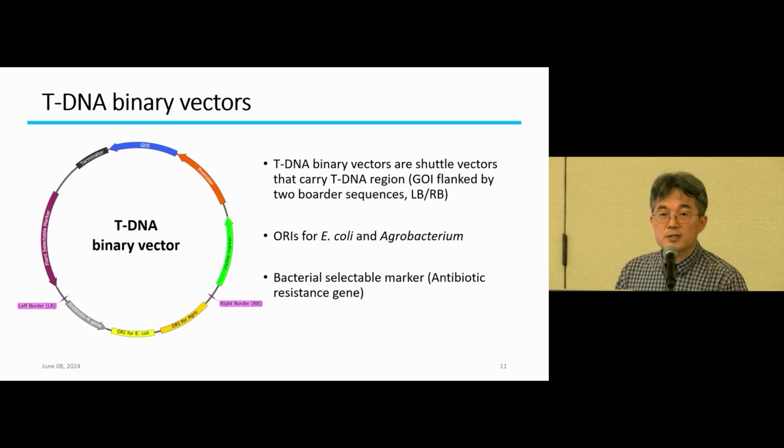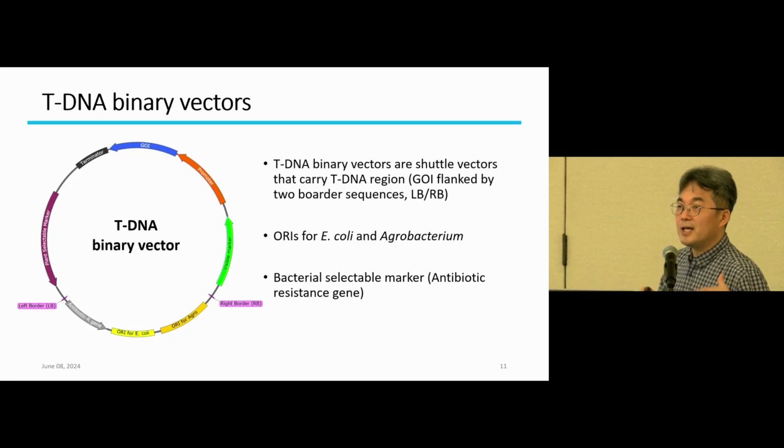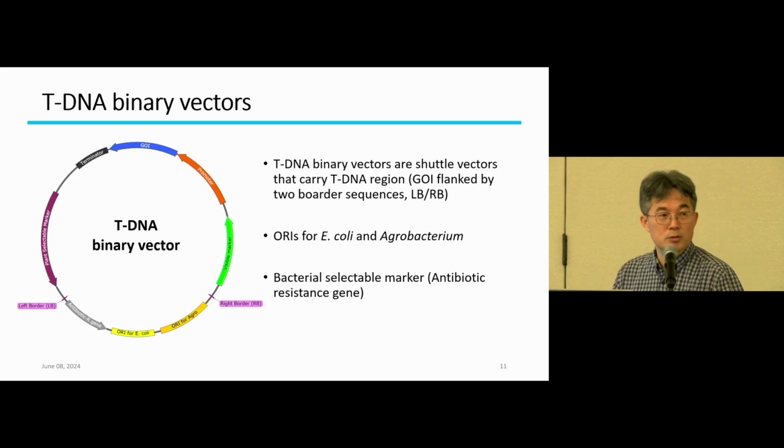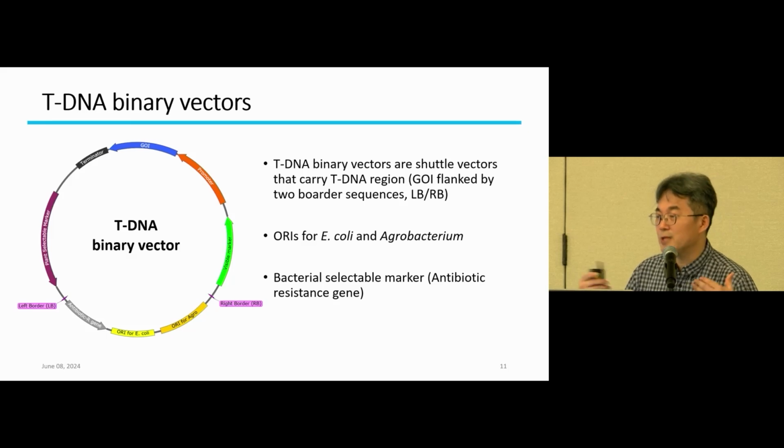This is done because broad host range plasmids usually have a low copy number in E. coli, so during the cloning step you get only a small amount of DNA. Therefore, by adding a high copy number origin of replication, you can easily manipulate the DNA. So it's all based on our convenience and practical purpose.